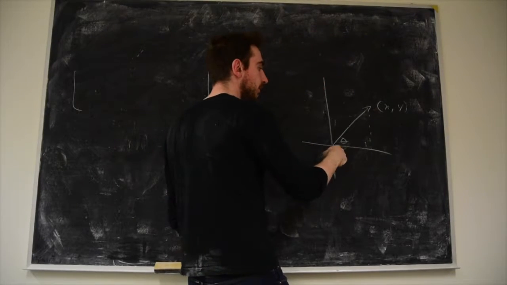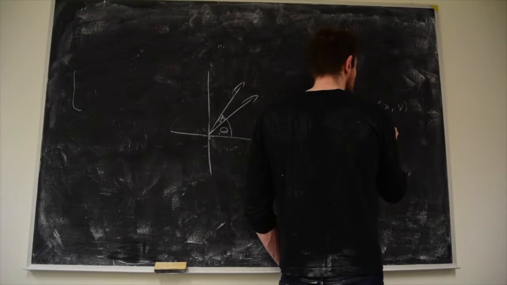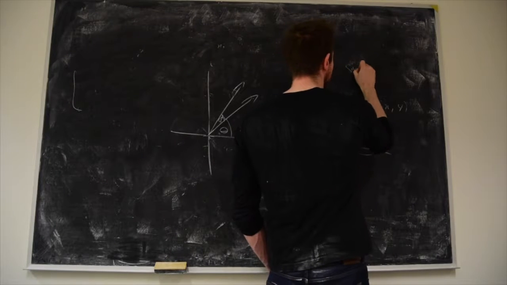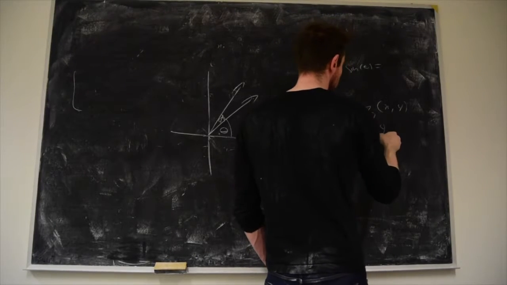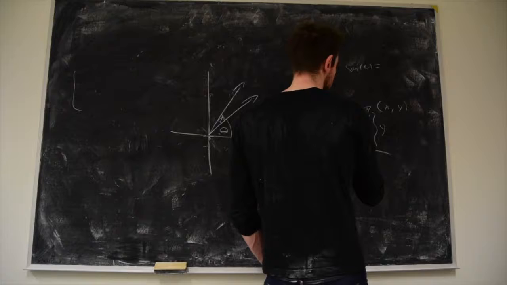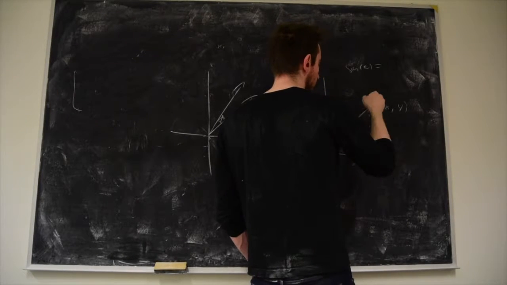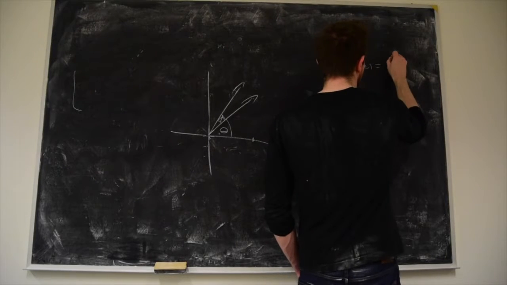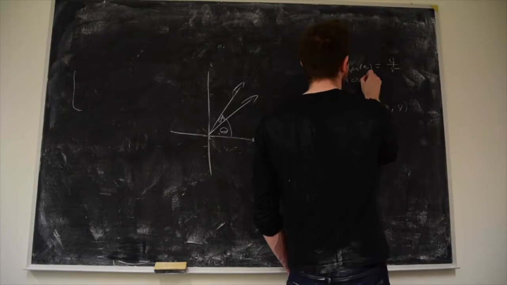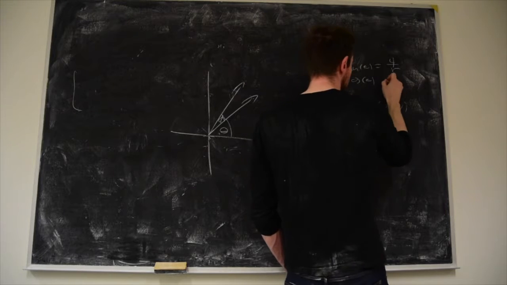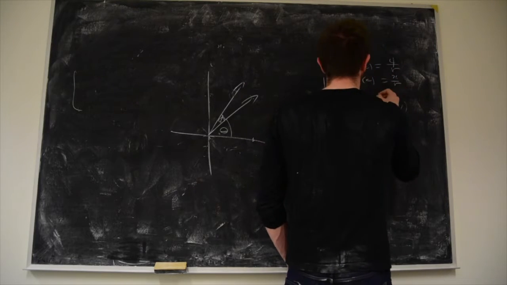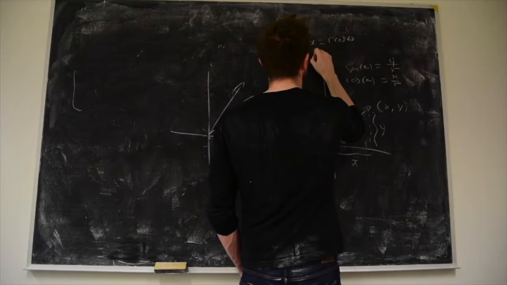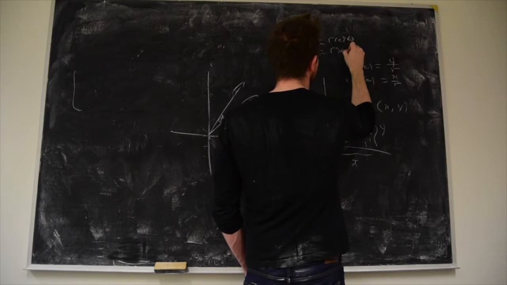It has an angle theta, and this is the vertical distance y, this is the horizontal distance x, and I know that sine of theta is equal to y over r, where r is the length of the vector, and cosine of theta is equal to x over r.